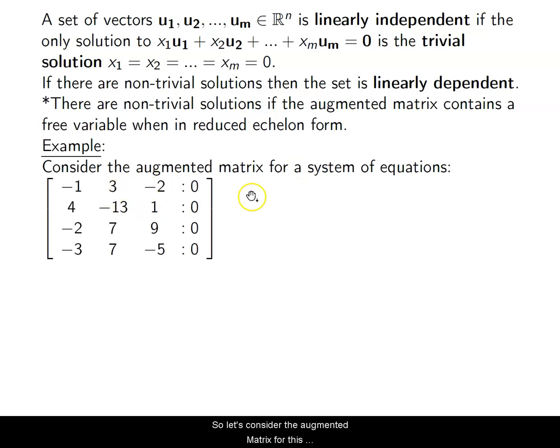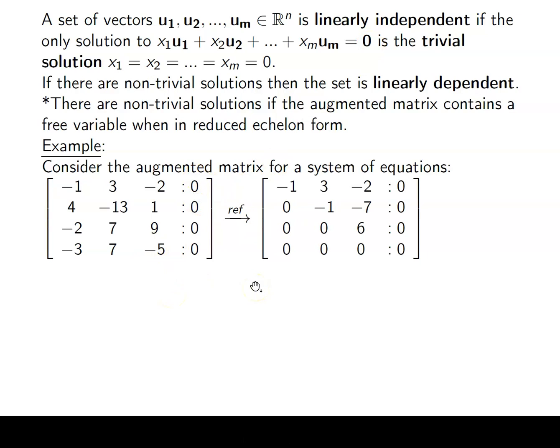So let's consider the augmented matrix for this system of equations. Again, notice that everything is set equal to 0 here. Each equation equals 0. Our right hand side does not have any values. It's equal to the 0 vector. If we reduce this down into row echelon form, okay, notice that there are no free variables.